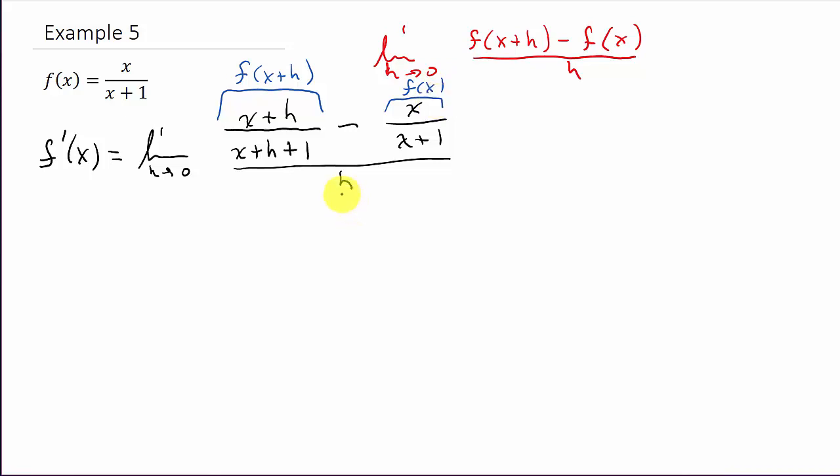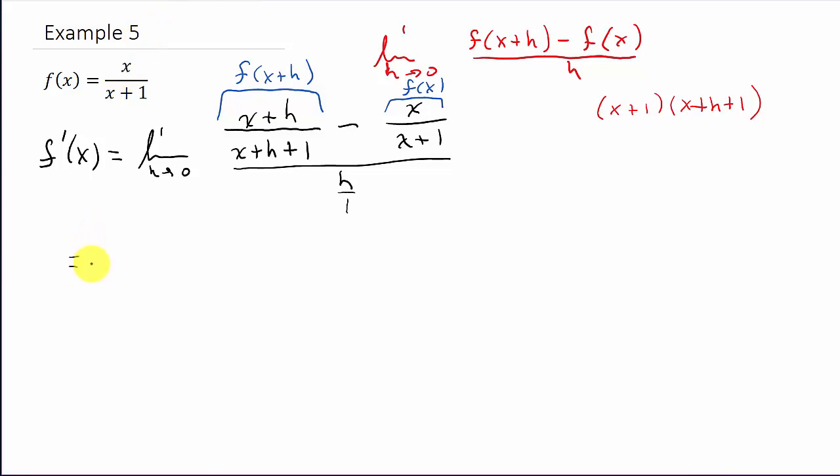Well, all this is a complex fraction. So we look at the denominators, this one and this one, and we get a common denominator. Well, the common denominator is x plus 1 times x plus h plus 1. That's my common denominator, and I'm going to multiply it to each term.